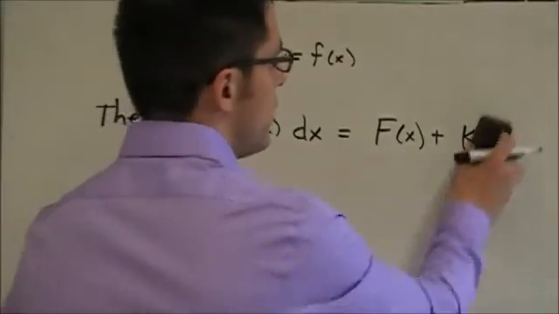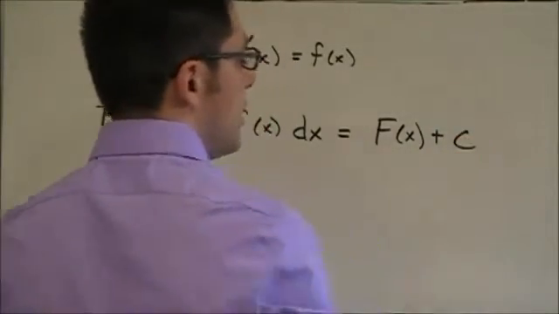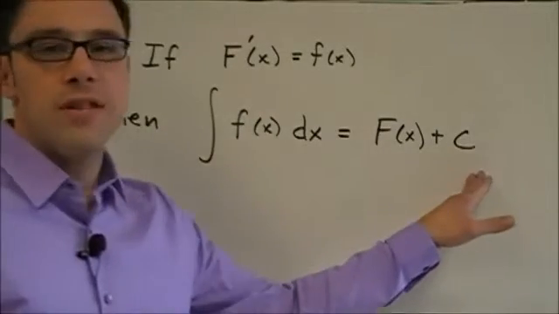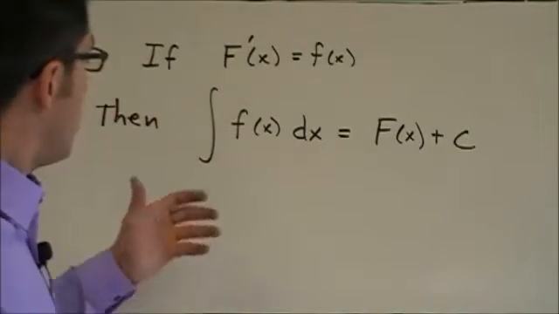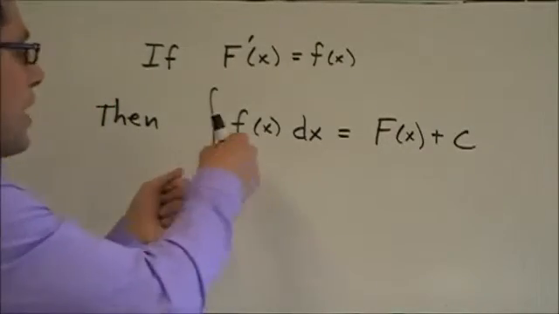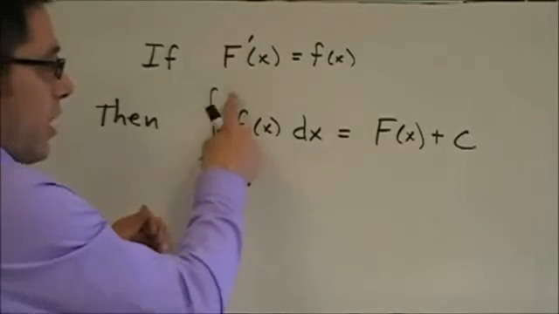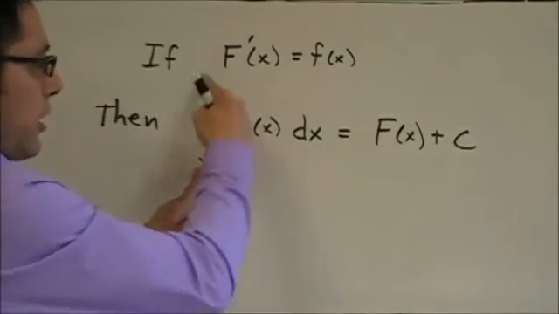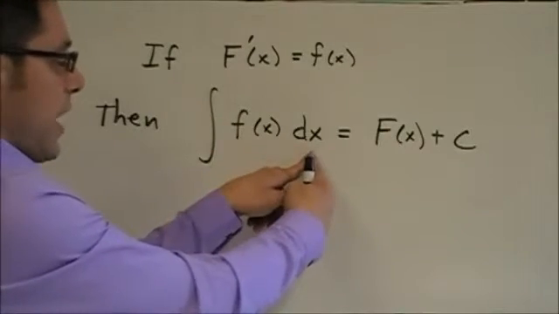Usually, you'll see that the constant is written as c. It doesn't really matter as long as it's a constant. I'll go with c because that's more common. But really, this is the proper notation for looking for the antiderivative. That is, if we're looking for the antiderivative of lowercase f, we put it in between an elongated s and a little dx here. Okay?